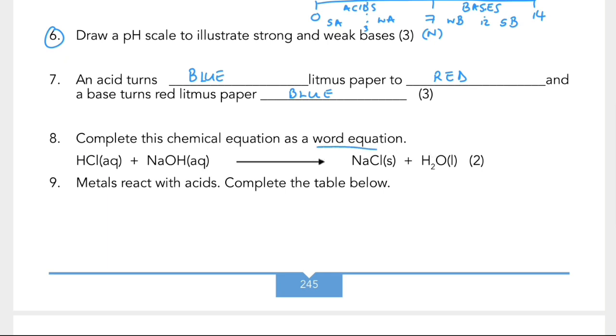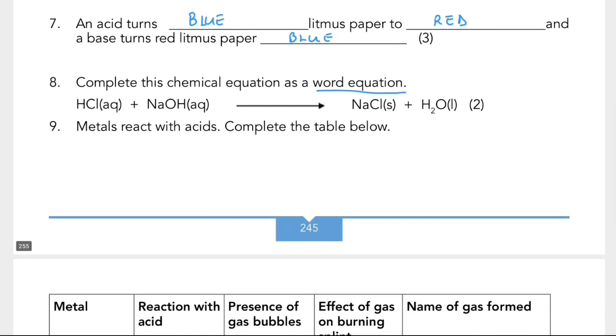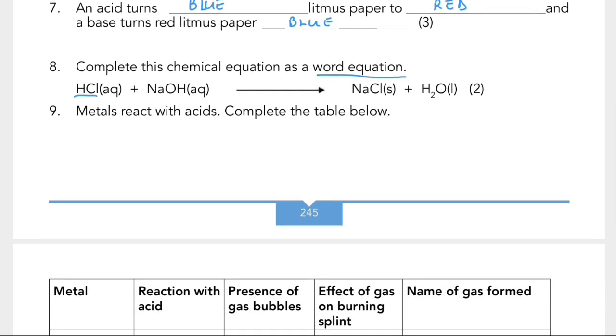Then we have number 8, complete this chemical equation as a word equation. So we want to produce a word equation. We have a chemical equation. So in this question we're just basically identifying the chemical compounds that are there. So the first one here we have hydrochloric acid. So we'll then have to say hydrochloric acid plus the second one here is sodium hydroxide.